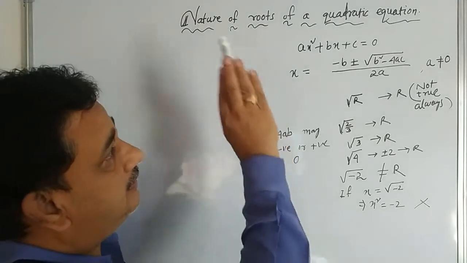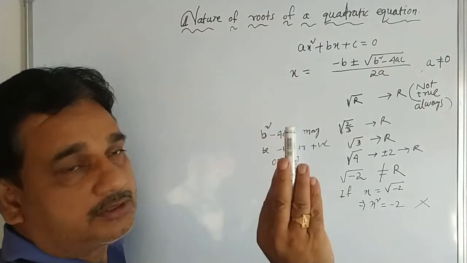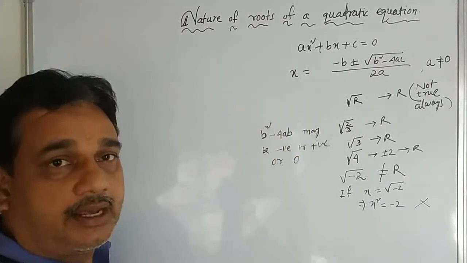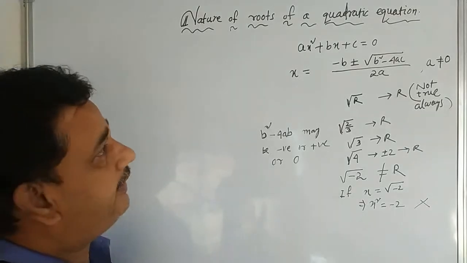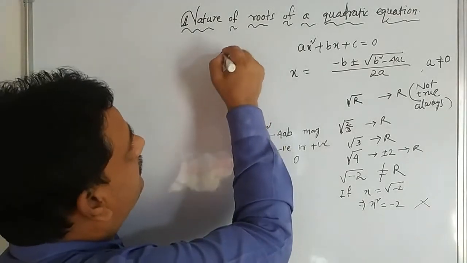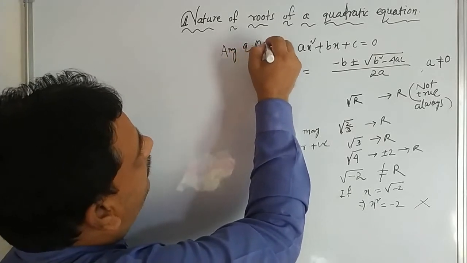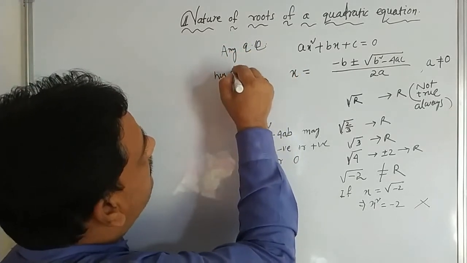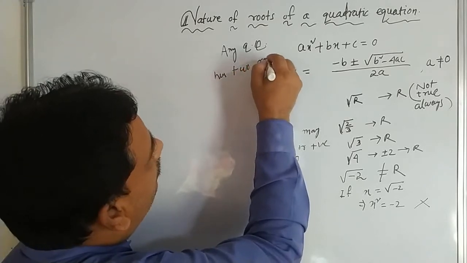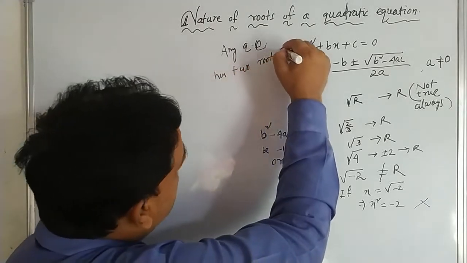Any quadratic equation has two roots. This is right.